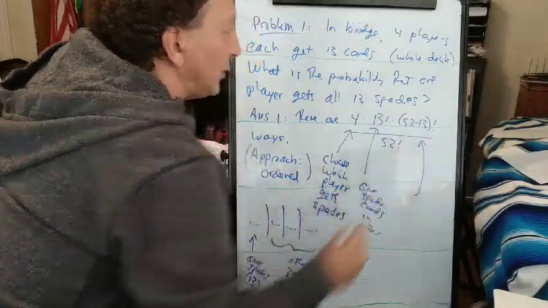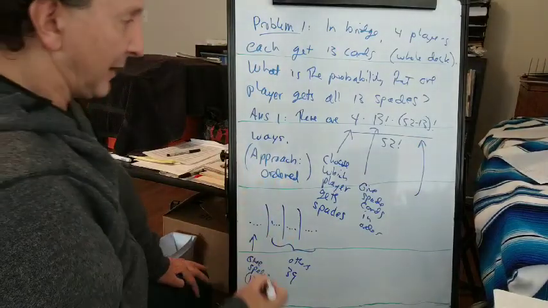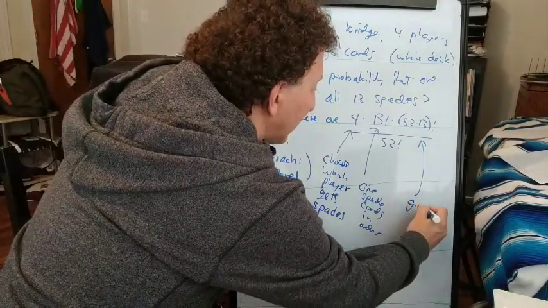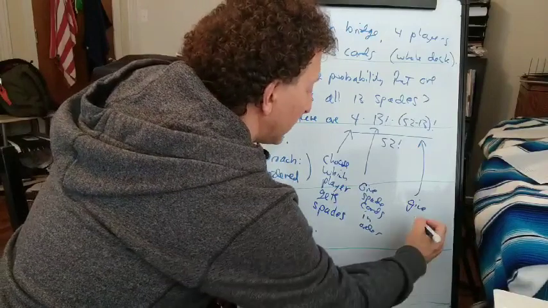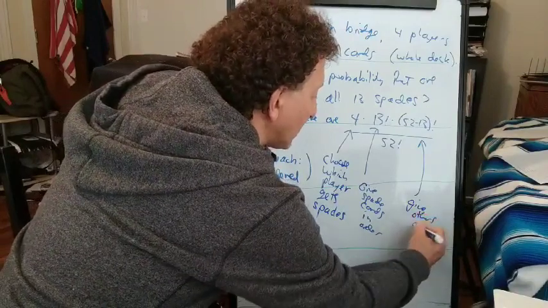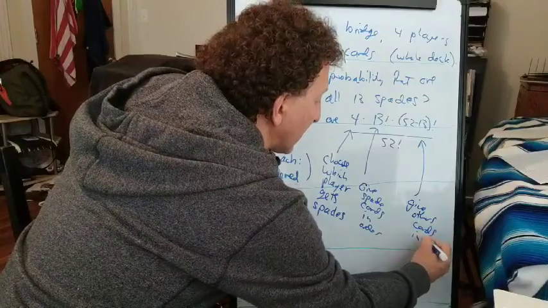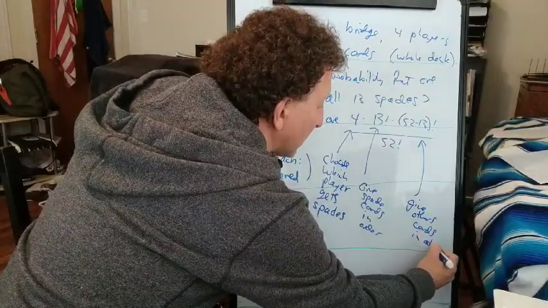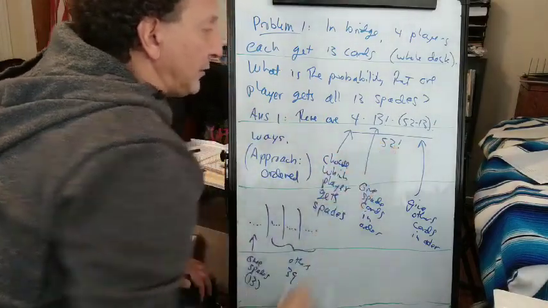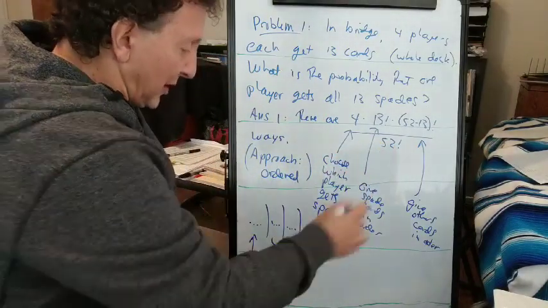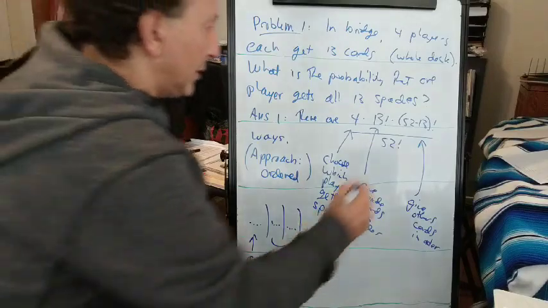And then the (52 minus 13) factorial, or 39 factorial, is to give others the cards in order. And then the 52 factorial is the total number of permutations of 52 cards.